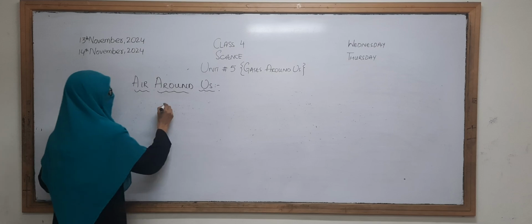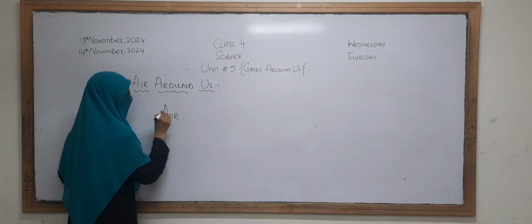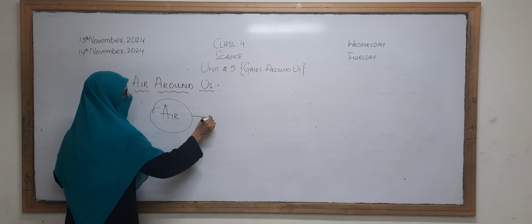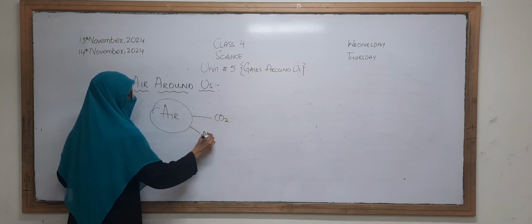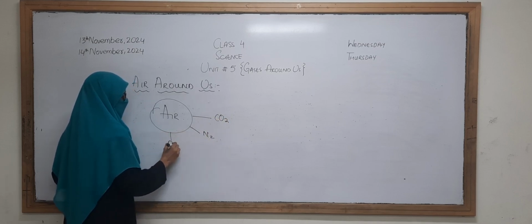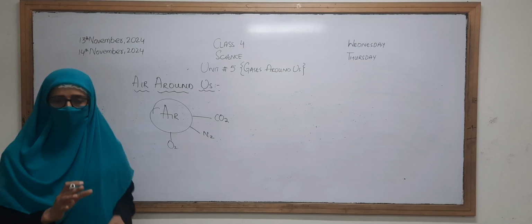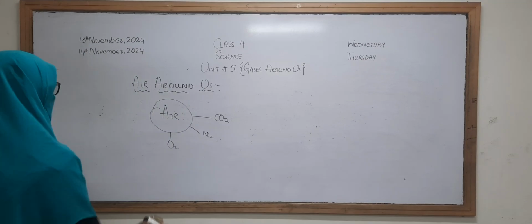Okay, we have discussed that air has different gases: carbon dioxide, nitrogen, oxygen. I will write down the whole spelling, so that you will understand it.